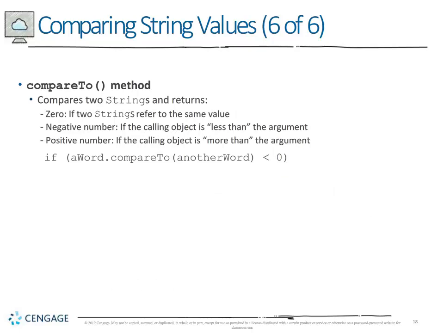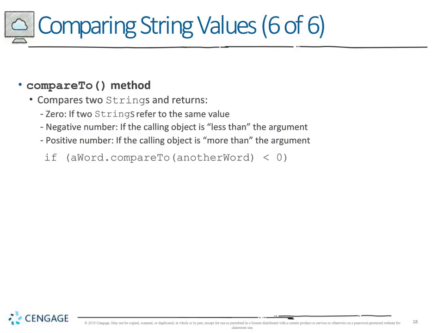The Java String compareTo method compares two strings in dictionary order. The comparison is based on the Unicode value of each character in the strings. The syntax of compareTo is similar to the equals method. So we first have a string object, then dot, compareTo, then we pass a string argument. So we compare those two strings.